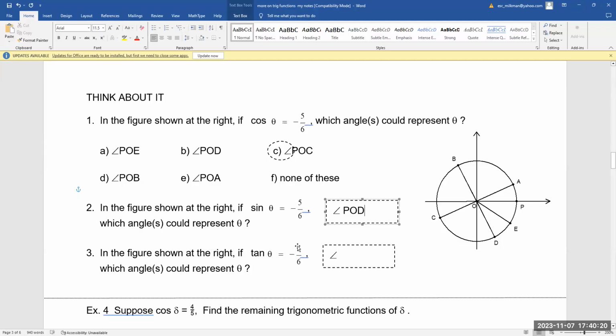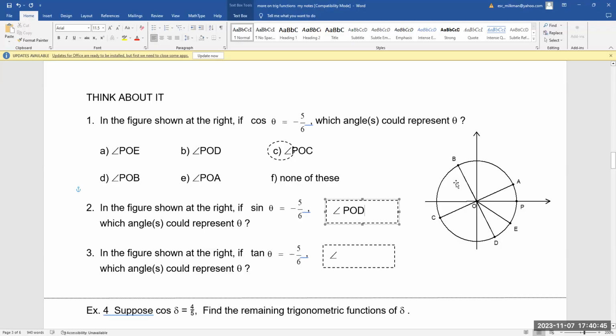Remember, this is y/x. This does not have anything to do with the radius of the circle. It's just a y over an x value. And first of all, being negative, the tangent is negative in quadrant 2 and quadrant 4. All students take calculus: tangent's positive here, and everything's positive in quadrant 1.